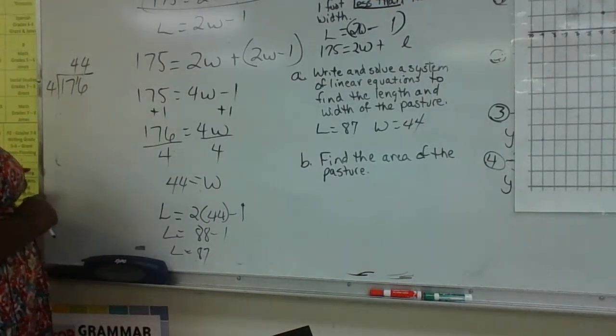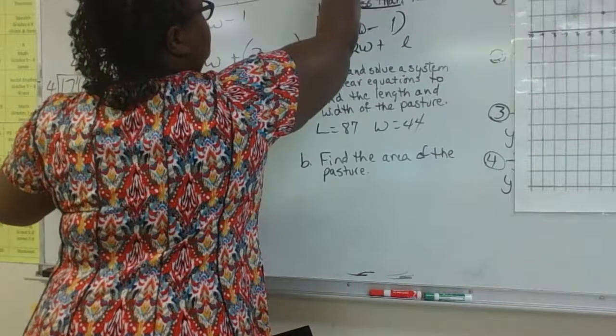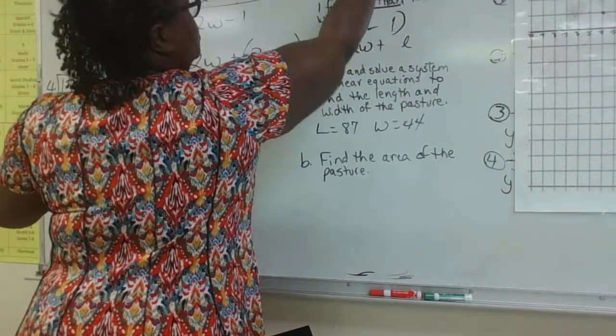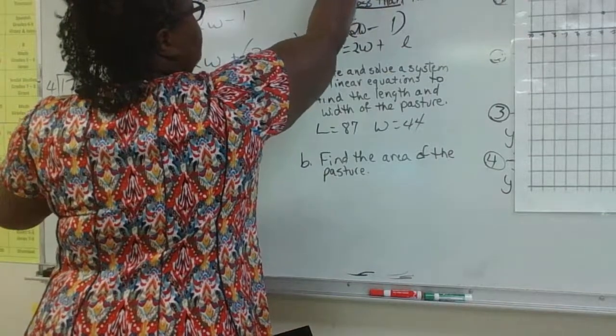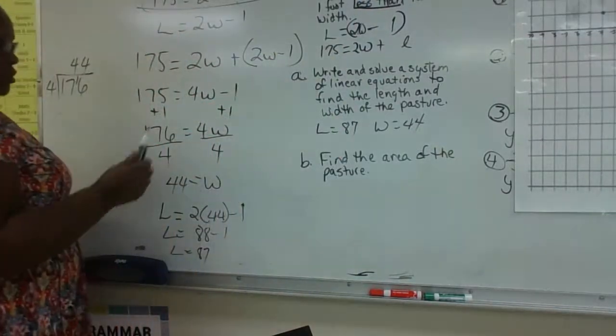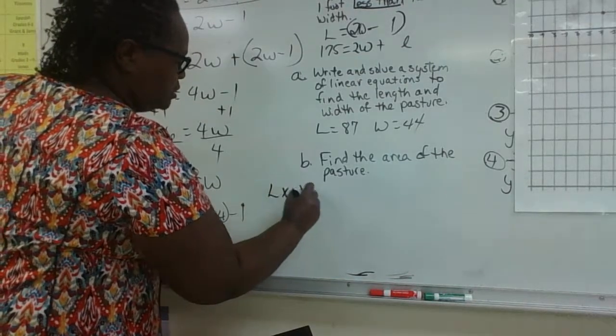Okay, so now if we want to do the area of the pasture, what we have is a length. We want the pasture. This is the whole pasture here. It doesn't require a fence there to be the whole pasture, because this is some kind of barrier that keeps the animals in. Okay, so then in this case it will be length times width is equal to area.